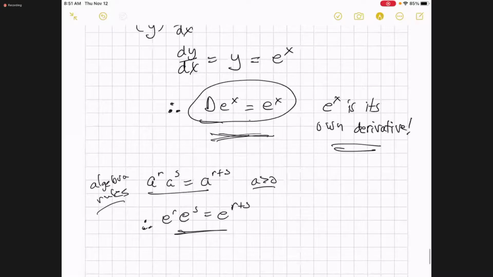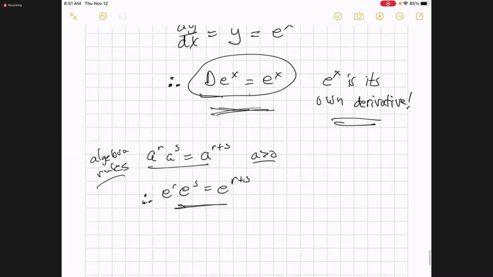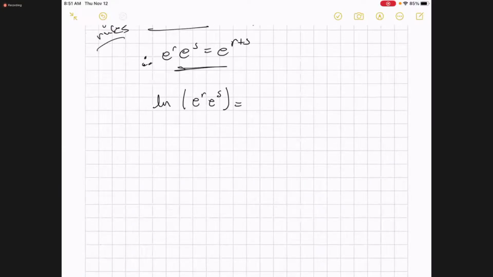But let me show you that it does work. If I take ln of e to the r times e to the s, well, that's equal to ln of e to the r plus ln of e to the s.